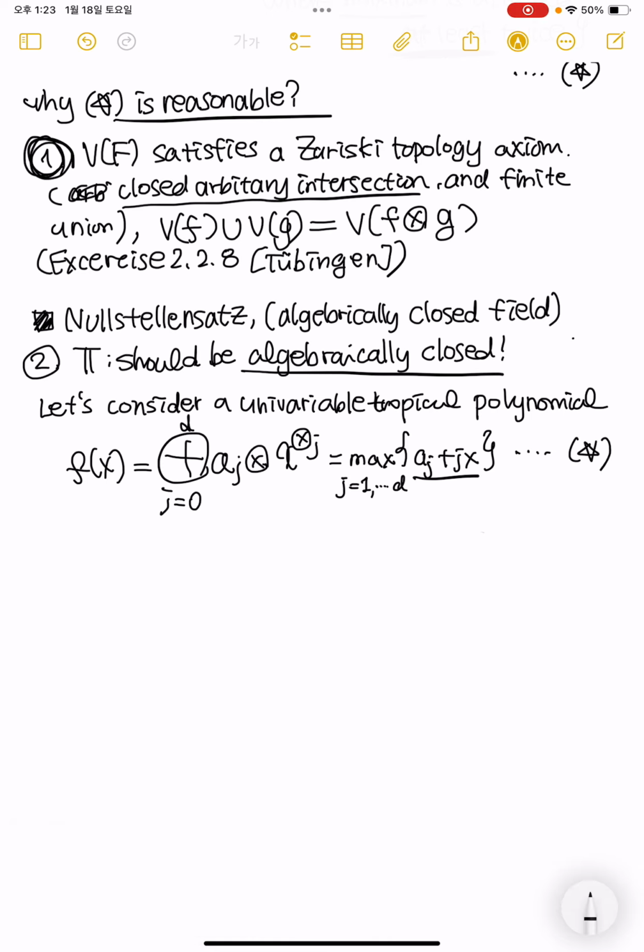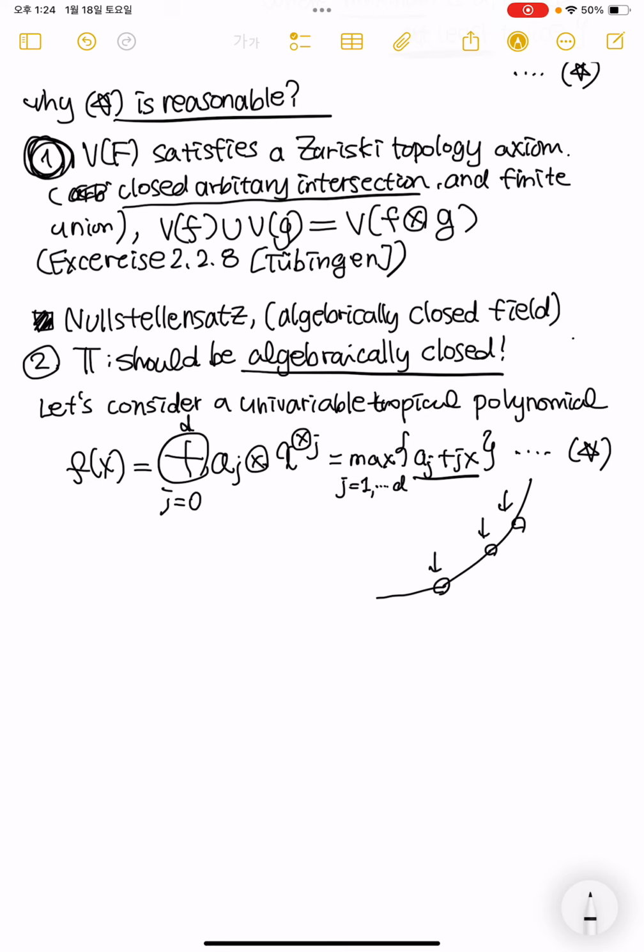Then we can see between a line and the line a cusp, which is fancily speaking maximum is attained at least twice.